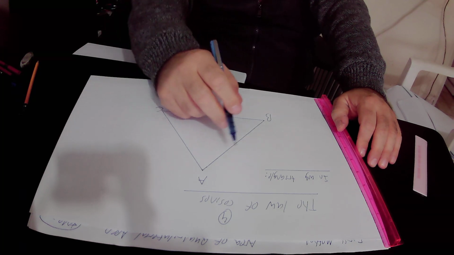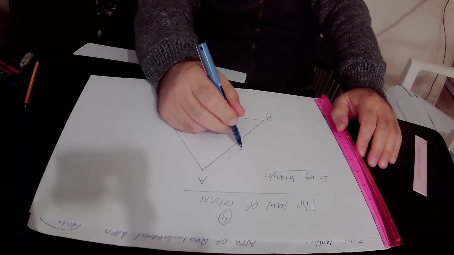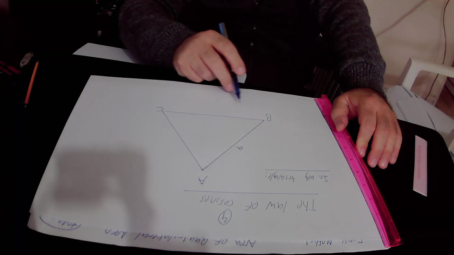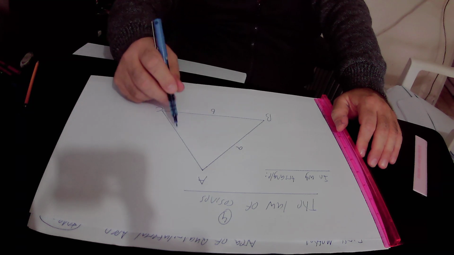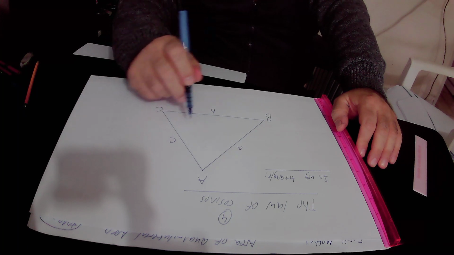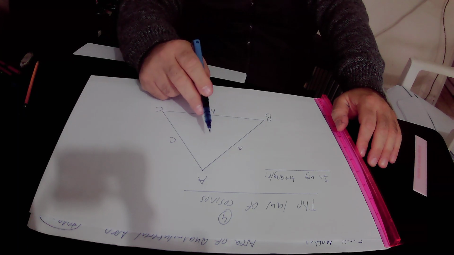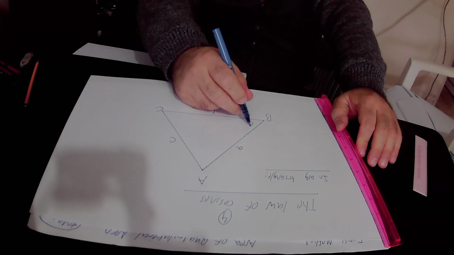We know that side AB of this triangle is equal to A units in its length. Side BC of triangle ABC equals B units in its length. And side AC of this triangle equals C units in its length. And we also know that the angle between side AB and side BC is angle theta.